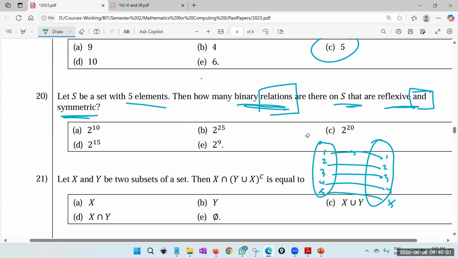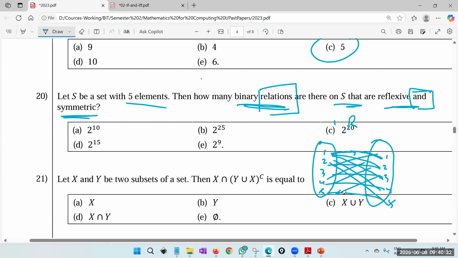By the way, now I think relation means this kind of connection here. The usual relation is something like y equals x squared. But I think here relation means a connection like that. Here we have 1, 2, 3, 4, 5. Then maybe 1 to 2, 1 to 3, 1 to 4, 1 to 5, then of course all the possibilities will be there.